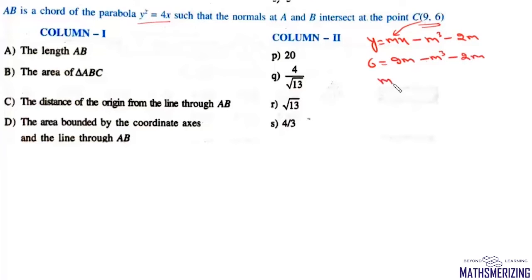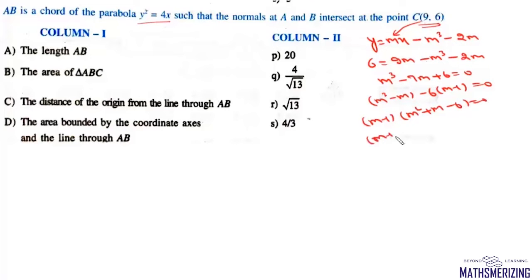So we can write this as m³ − 7m + 6 = 0. So we'll write this as m³ − m − 6m + 6 = 0. We can take m − 1 common and then we'll get m² + m − 6 = 0.